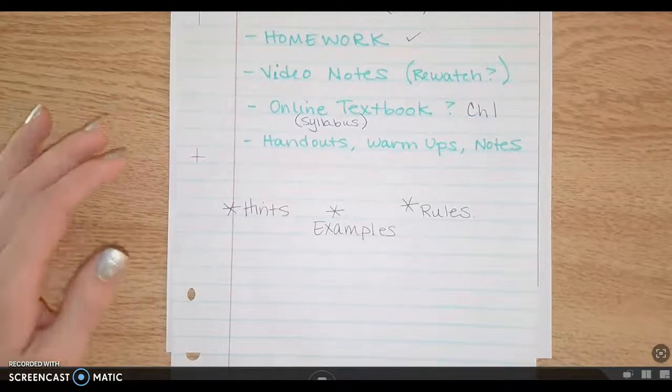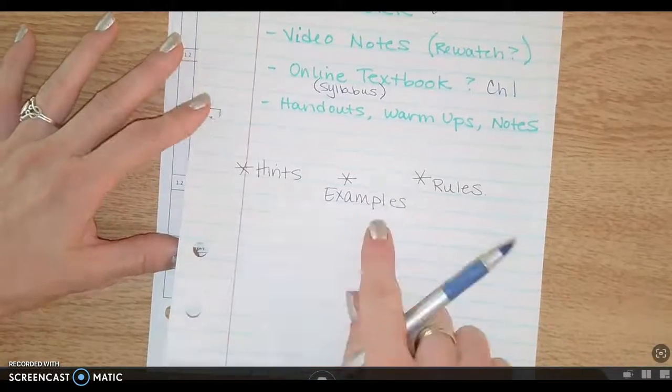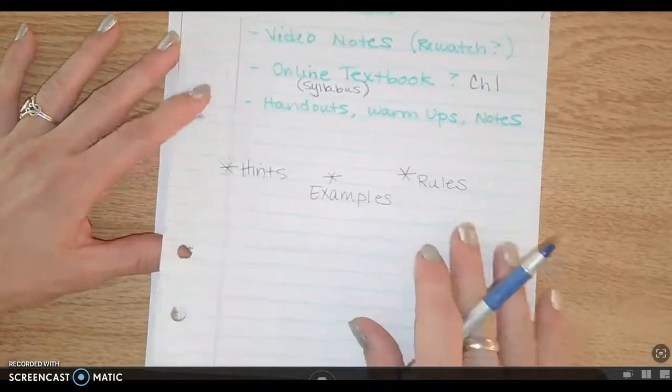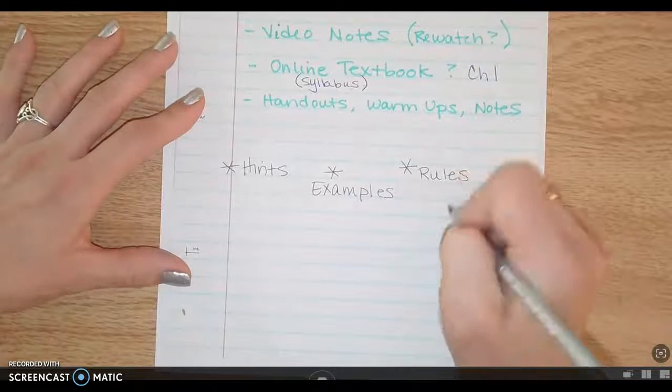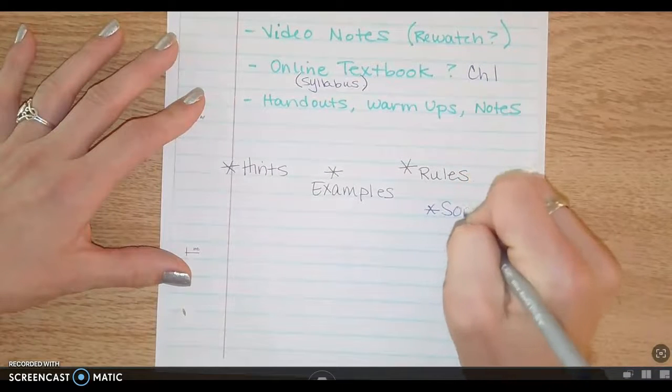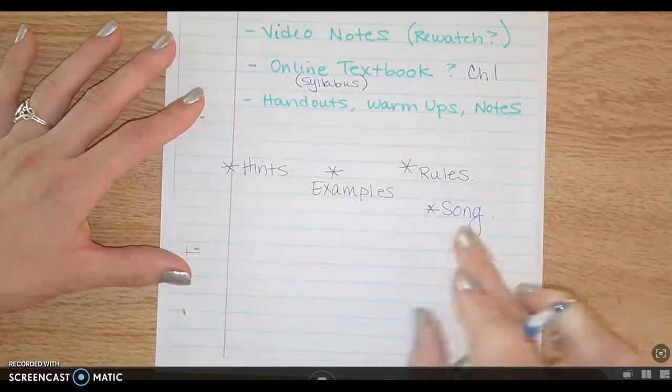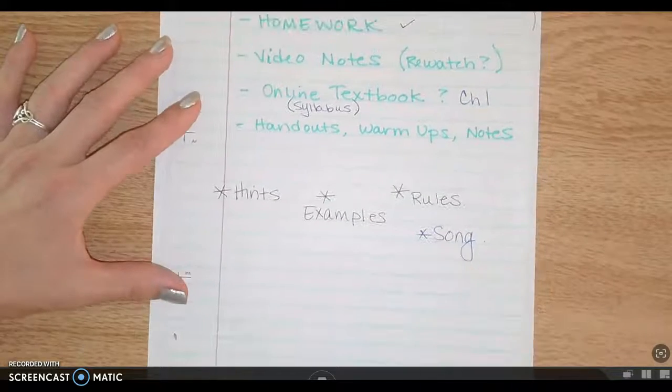So in the space that I have for each target, I would put hints, examples, practice problems, maybe the rules, maybe the song in this case, right? The song lyrics that we have for adding integers, anything that'll help you.